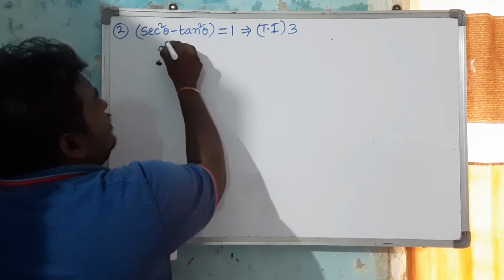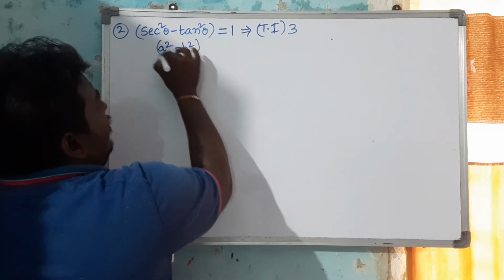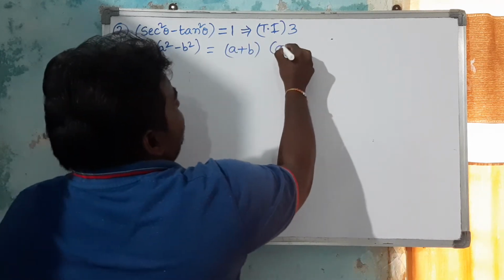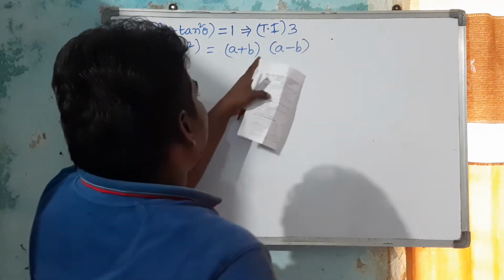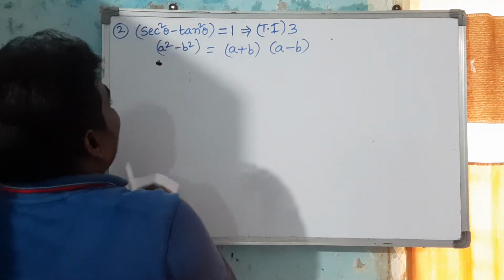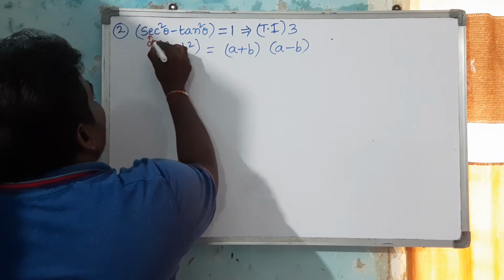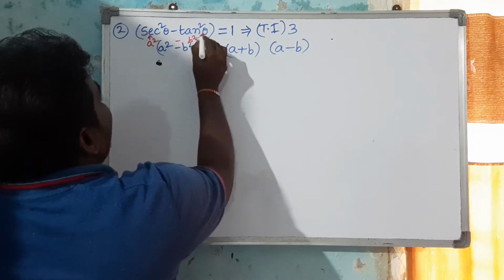First of all, we'll see this. This is in the form of a square minus b square. I can write it like this: a plus b into a minus b. Here a square, a is secant theta, b is tan theta.